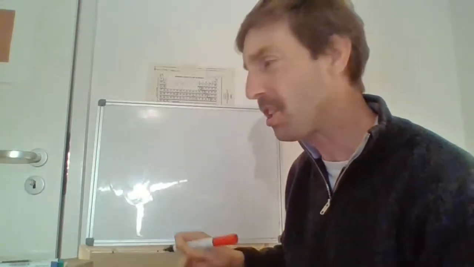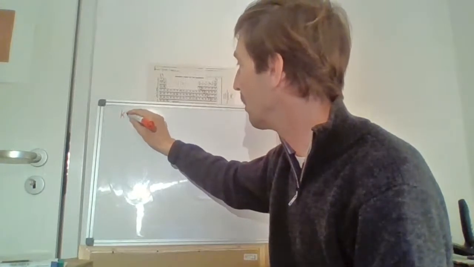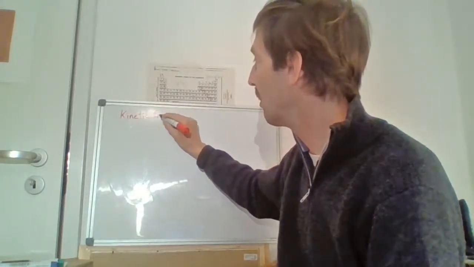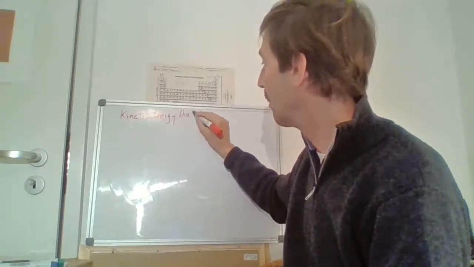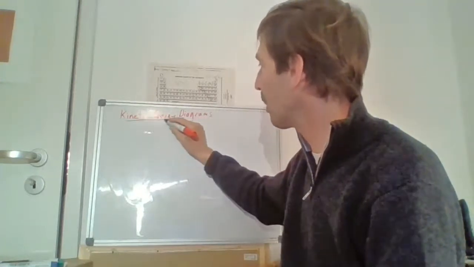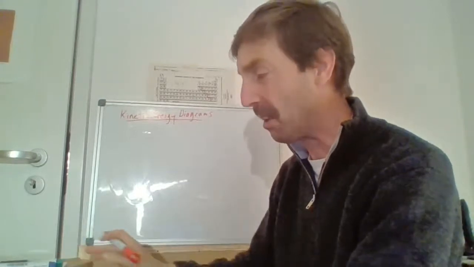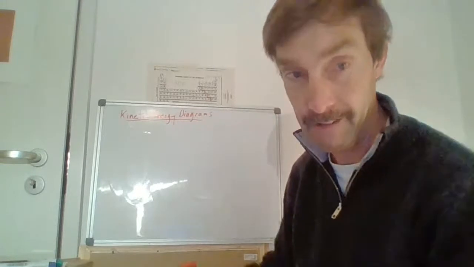And we started this last week, and it's called kinetic energy diagrams. I'm going to put one of those up here and just ask you, I know we began it, but let's make sure we remember what this is about, because we're going to use them more today, okay?